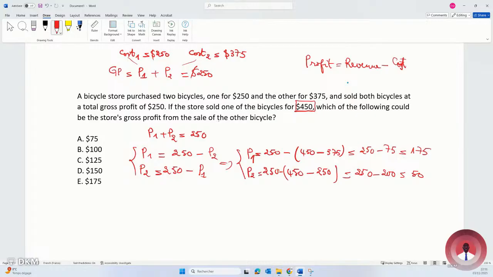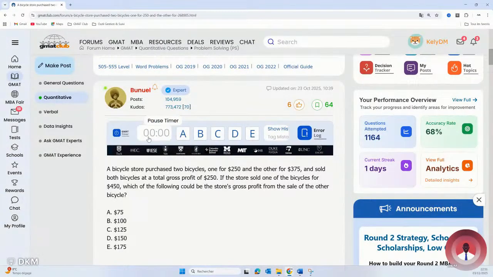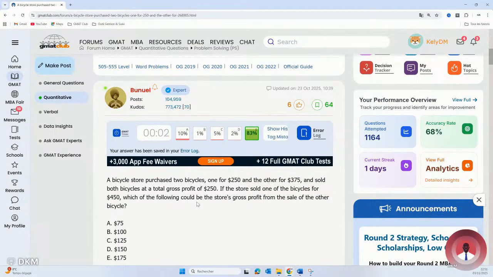So we have two values. The question is, which of the following could be the store's gross profit? If we say 50, but in our answer choices, we don't have $50 here. If we take 175, we have the answer choice. So that's definitely the answer to the question. So answer E is the answer to the question.